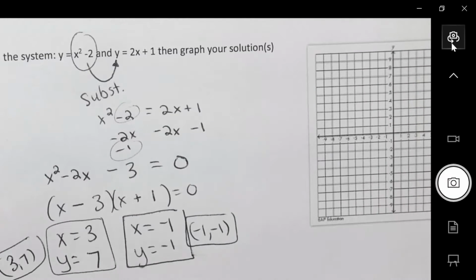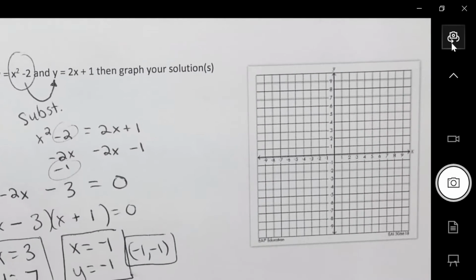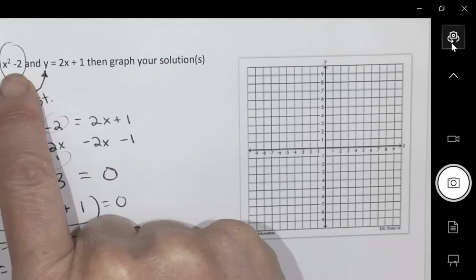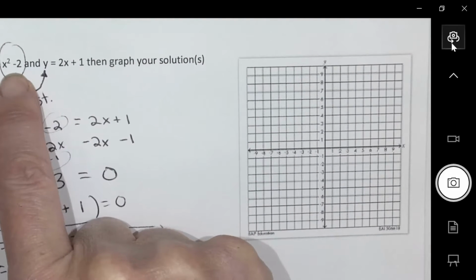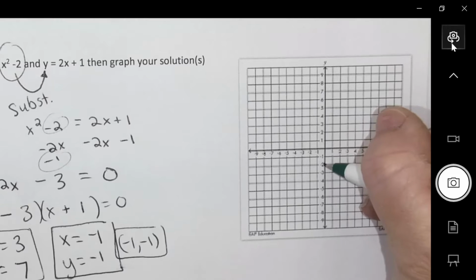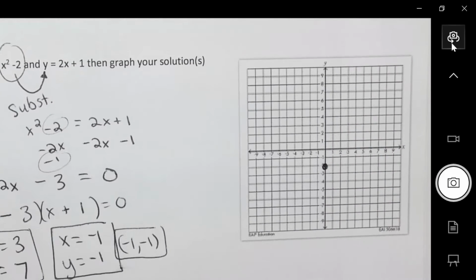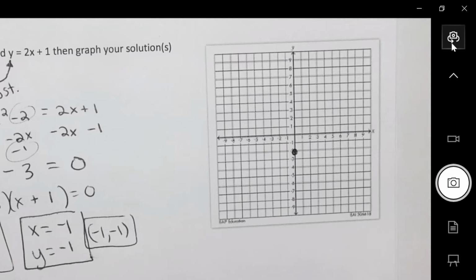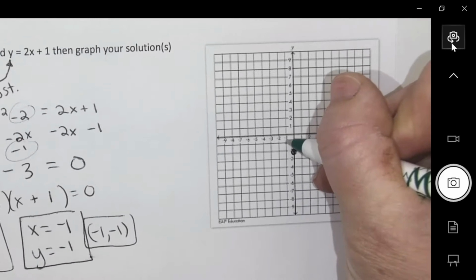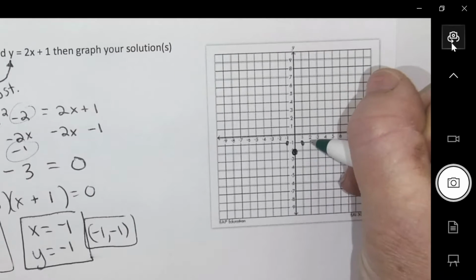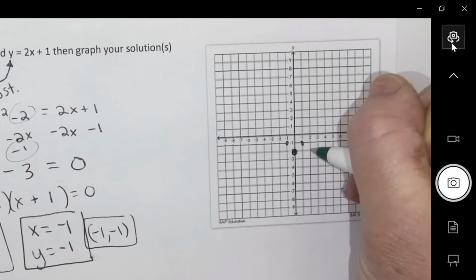Okay, now let's graph this. First equation, parabola, -2. So -2, can you put a point there? Can you go up 1 over 1? Over 2, up 4.